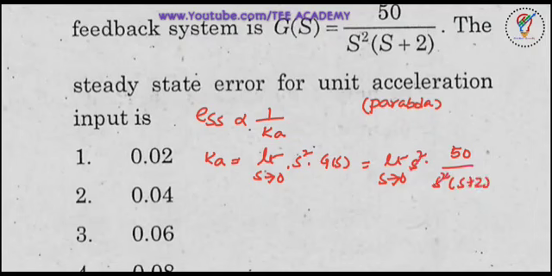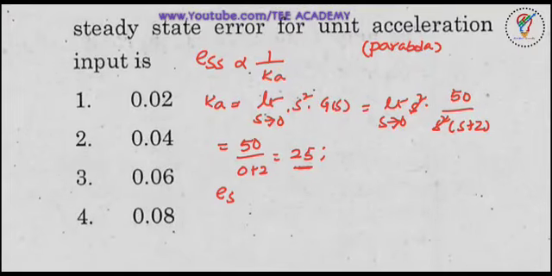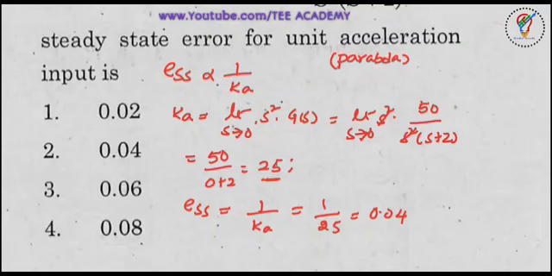If you substitute s is equal to 0 here, 50 divided by 0 plus 2, that is nothing but 25. We'll get K as 25. Now ESS is equal to 1 by K into A. So ESS is equal to 1 by 25 is equal to 0.04, which is the right answer for this question. So the answer is option 2, 0.04.